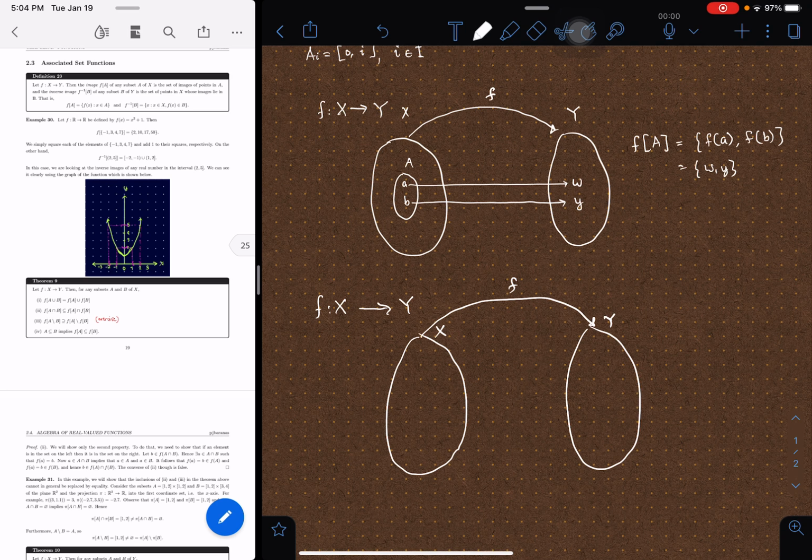So suppose we have a, b, c, d, e. So a is mapped to say 1. b is also mapped to 1. c is mapped to 0. d is mapped to negative 1. And e is mapped to 2.